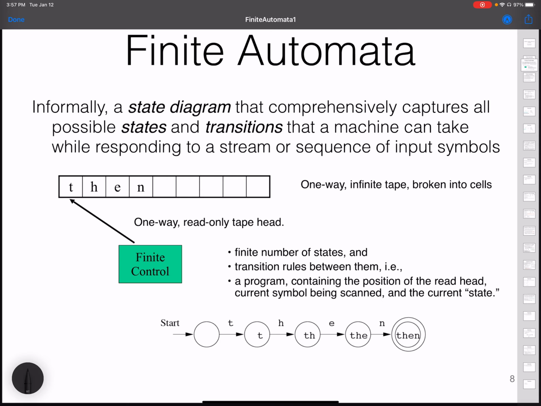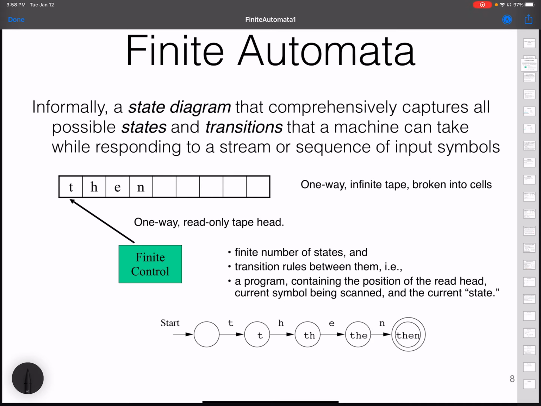This is an example of a finite state machine. Remember this example from last week. This is a state diagram that represents a pattern matching system that recognizes the pattern in the input. It has a start state. Whenever you turn on your machine, it is going to be in a state, right?